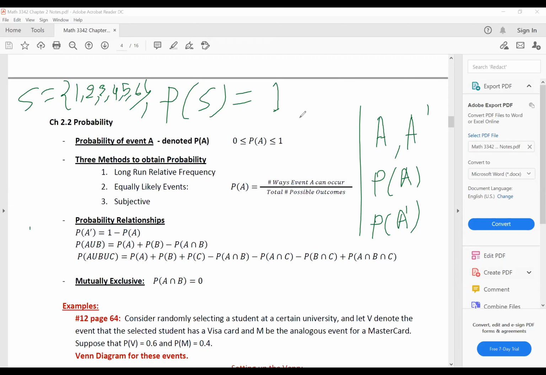Okay. So now if the probability of A is, so A is an event, and we collected this event from this sample space. And if you consider the previous example, then A was 2, 4, 6, right? So what is the probability of A?